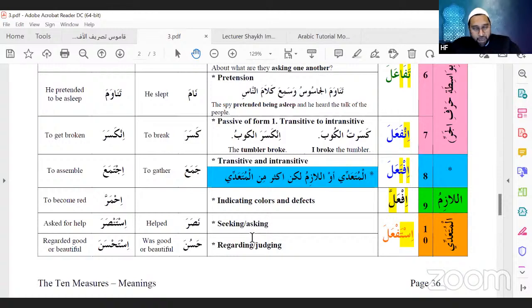For example, alima means he knew. And if you want to seek information, you'll say istilam. Ana ista'lama, he inquired. Yasta'lamu, he is inquiring.